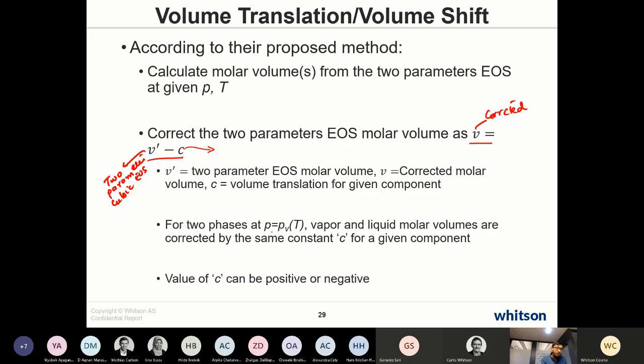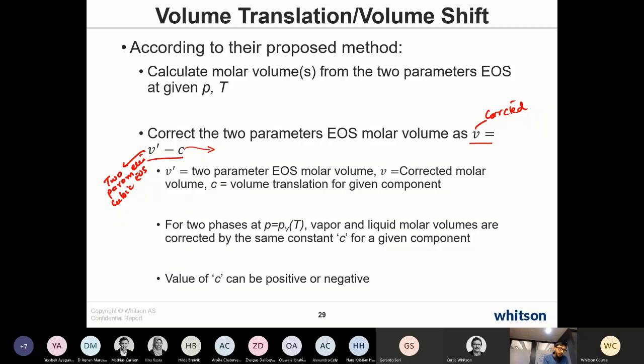So the vapor pressure calculation, for example, for a pure component, or when we go into multi-component systems, the K values and the saturation pressure, all these K value dependent phase behavior calculations remain unchanged. And you will see the reason on the next slide.